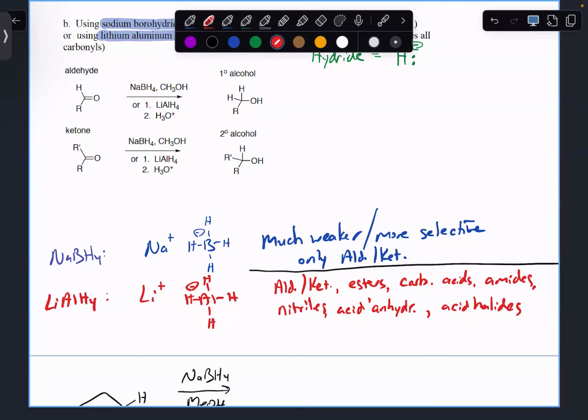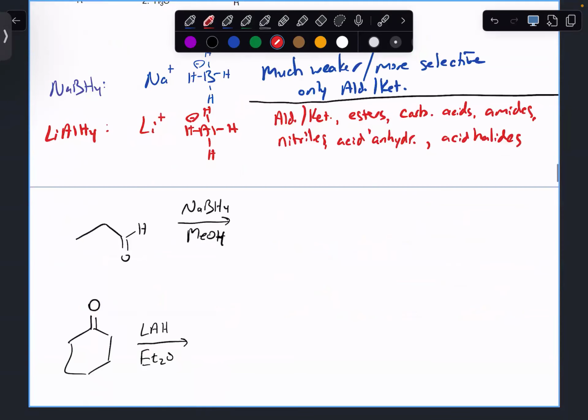All right. So I want to show you one more distinction with this. Sodium borohydride is relatively weak. We'll show you a simplified mechanism here. Again, we just think of these two reagents as a source of H minus. And so if you add this to an aldehyde, the H minus will attack the carbonyl. That's going to result in this alkoxide intermediate, this O minus intermediate.